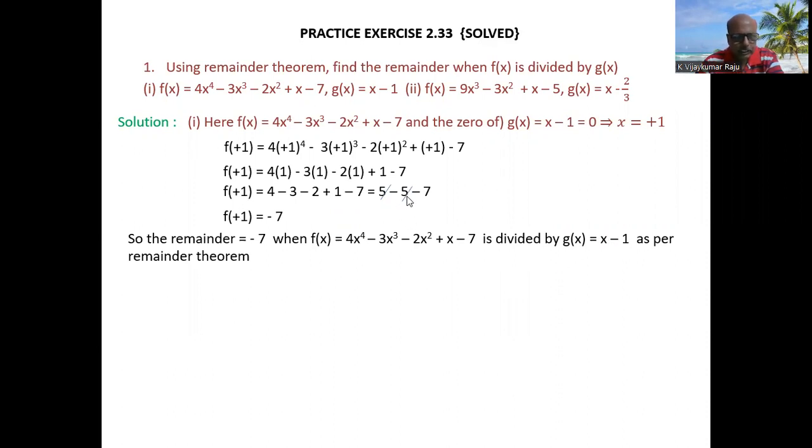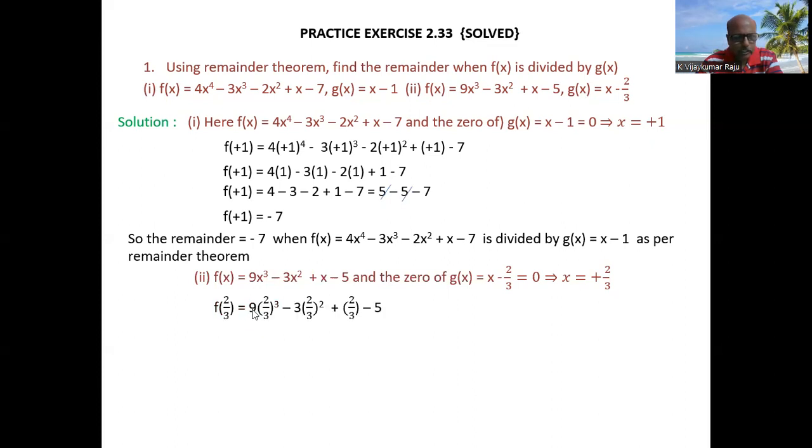So this and this cancels. So this is now, what is this? G of x is x minus 2 upon 3. That means if you take this minus 2 down this side, it will become x is equal to plus 2 by 3. So you will have to find f of 2 by 3. F of 2 by 3 is 9.